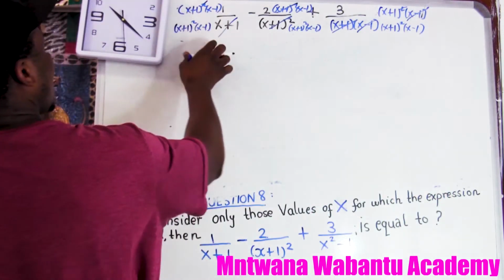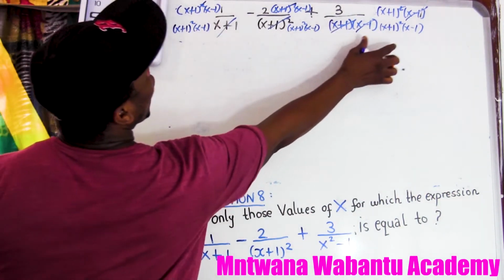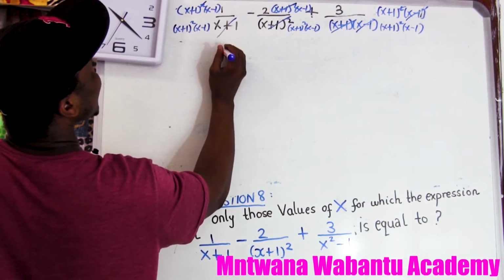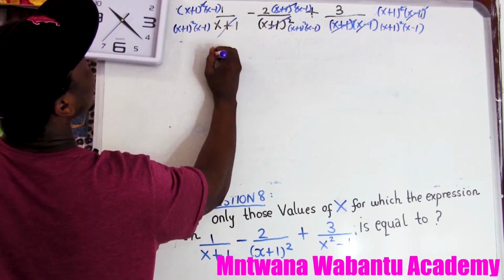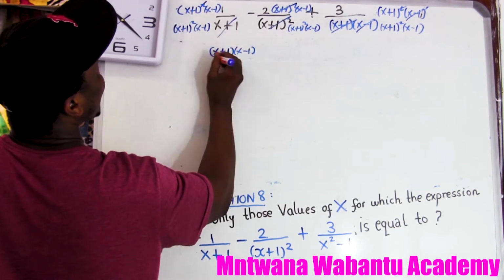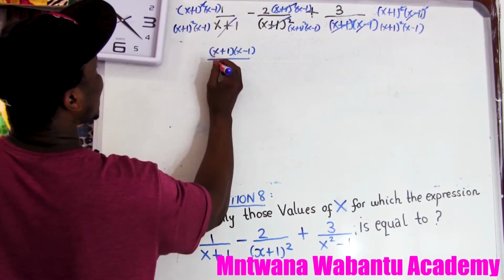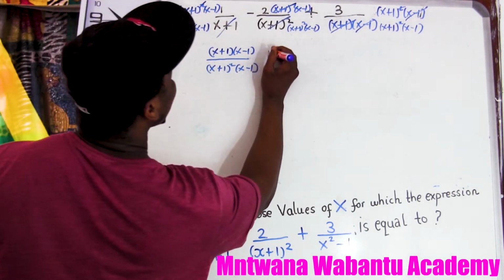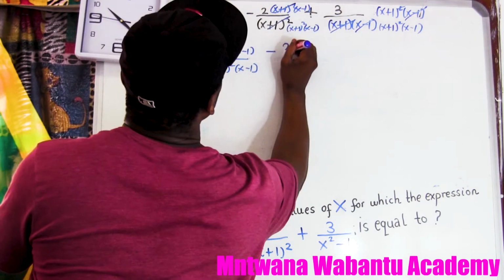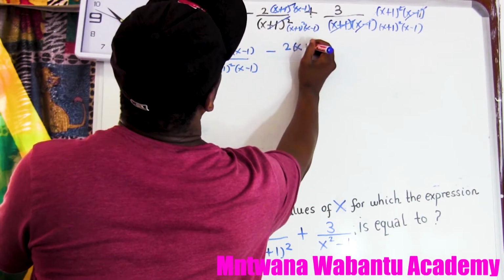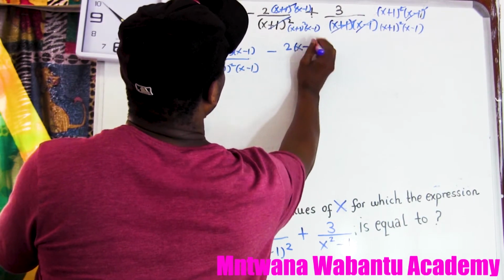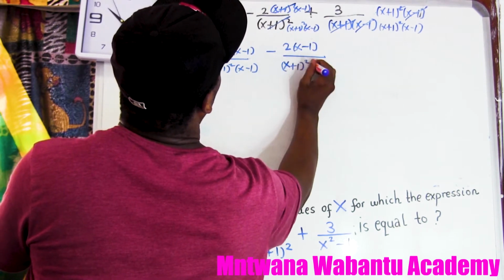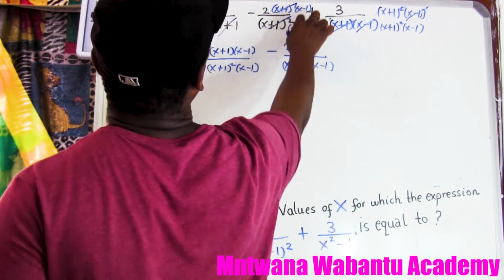Okay, so at the bottom, can't you see it's going to be common. So here on top, since we cancel this, we're going to be left with x plus 1 and x minus 1, but at the denominator, we're left with x plus 1 squared, x minus 1, and then minus, so we're left with 2 and x minus 1 here, and then we're left with x plus 1, x minus 1, because we multiply top and bottom.